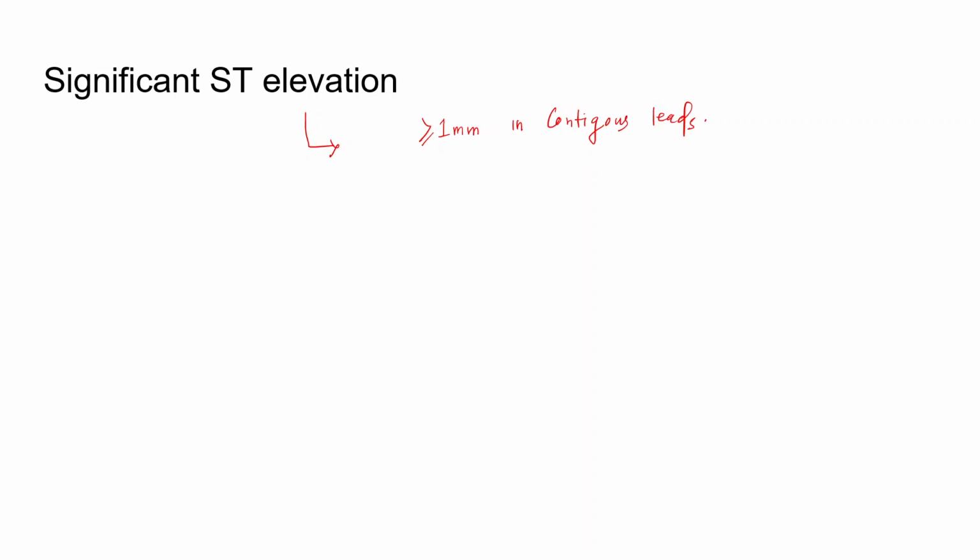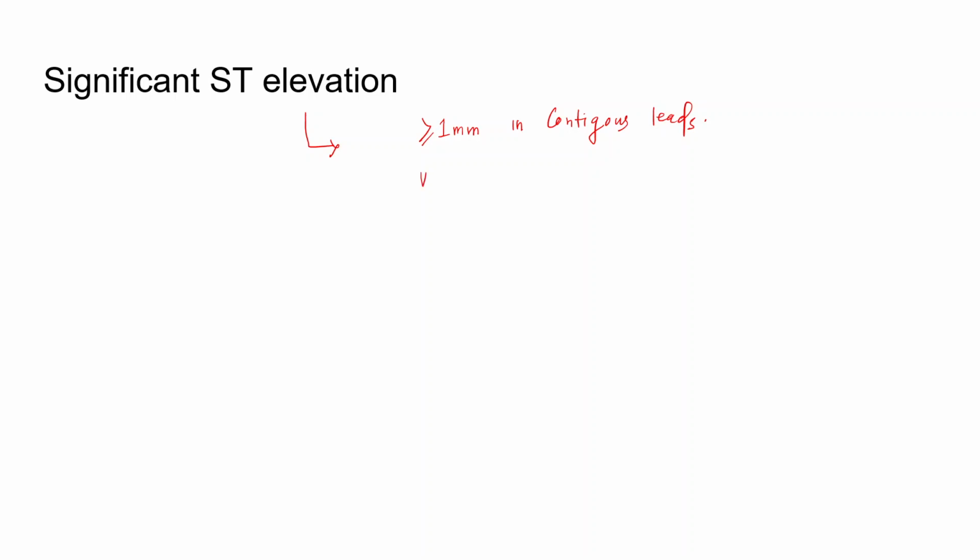If you remember the first lecture, I have told that 1 mm corresponds to 0.1 millivolt. That is one small box in the vertical axis. But this applies to everything except V1 to V3. This is not applicable to V1 to V3.